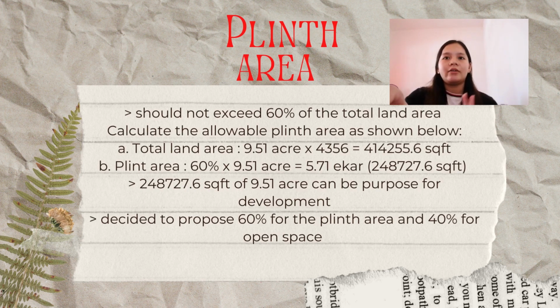According to the calculation above, this total planned area of 9.51 acre can be proposed for the development. So in this project, it has been decided to propose 60% for the planned area and 40% for open space.